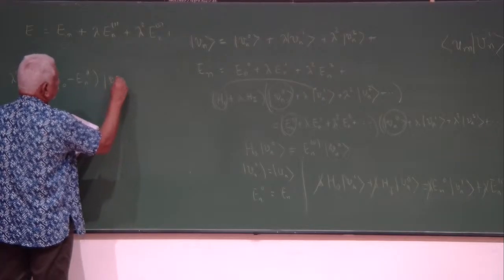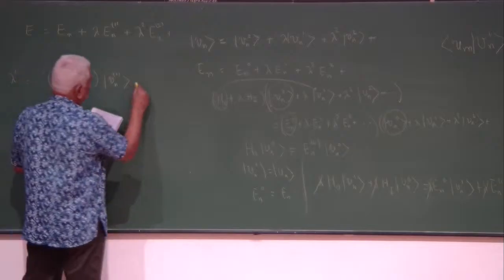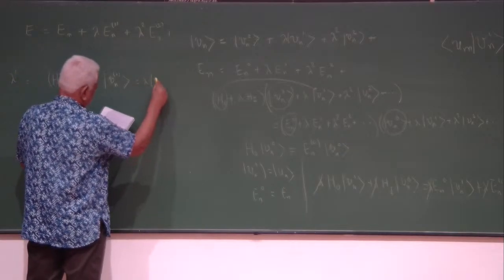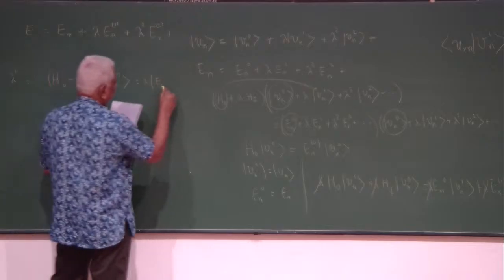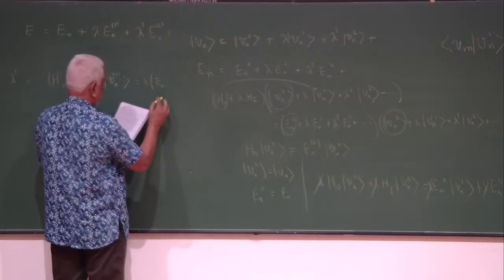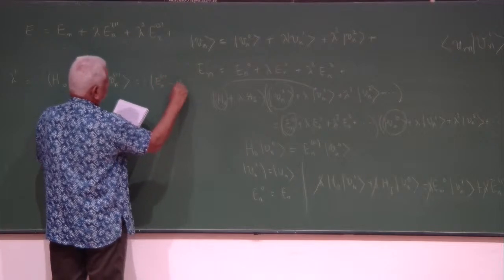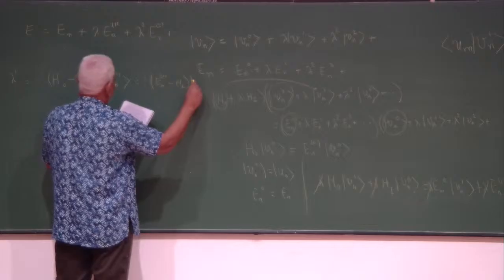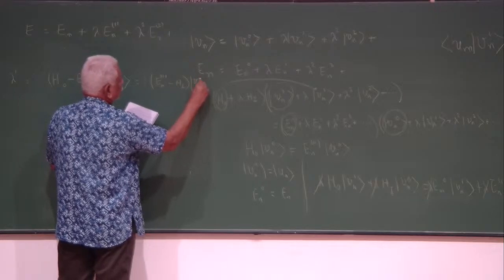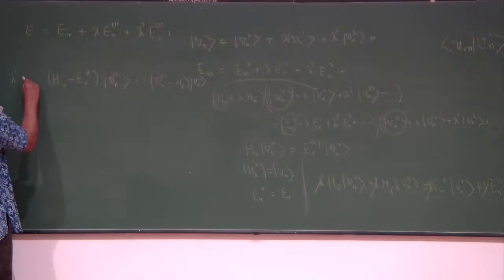Let me write Vn1 is equal to lambda into En1 minus Hi acting on Vn0, that is Un, the first order.